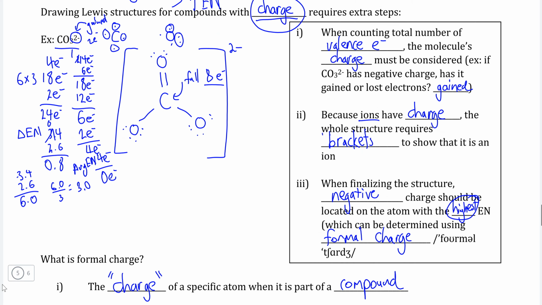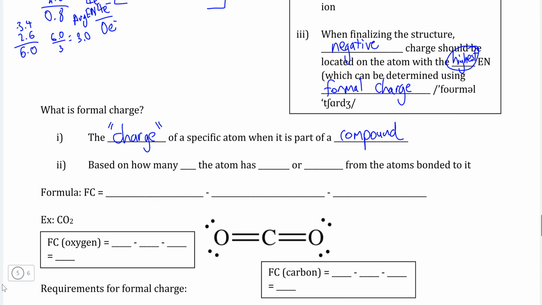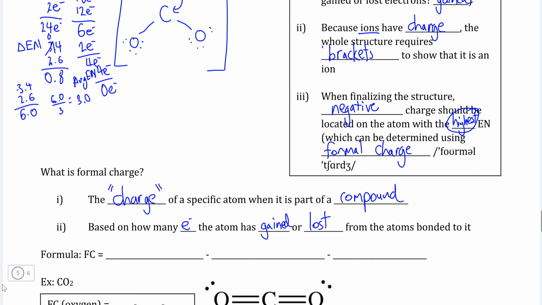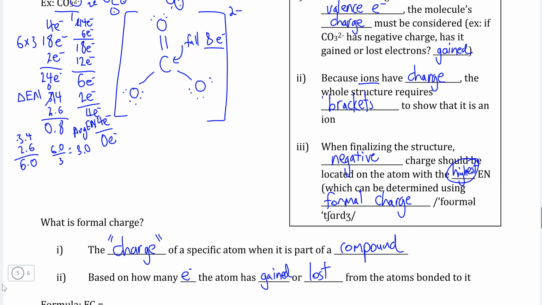Now, because of the fact that this is covalently constructed, the fact that all of these electrons are shared means that formal charge doesn't really exist, but more accurately is a measurement of whether the atom in question has either gained electrons or lost electrons when it is bonding to the other atoms that it is bonded to.